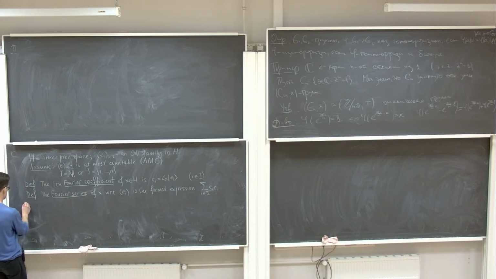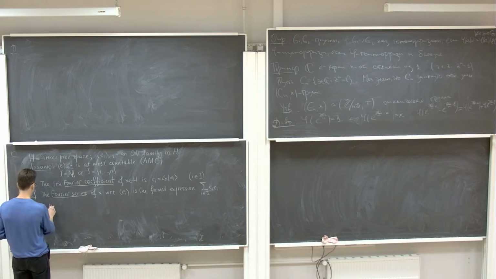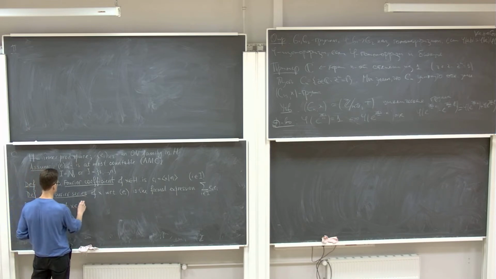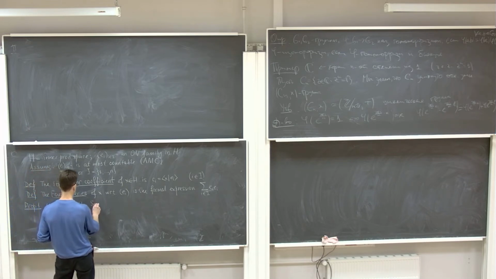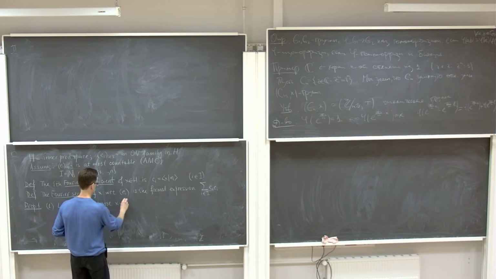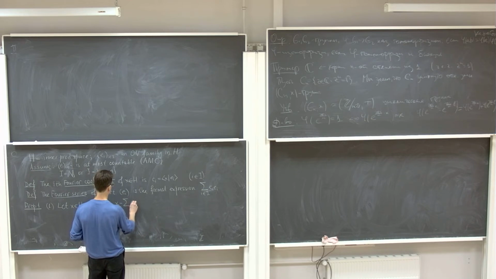We have the following simple proposition. This is proposition 1, which describes some basic properties of Fourier series. First of all, let x be an element in H, and let's suppose that x can be written in the following form.